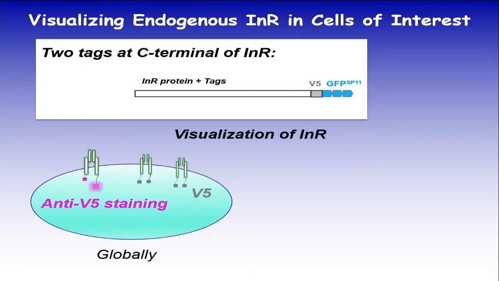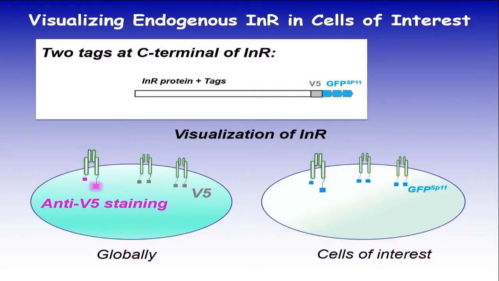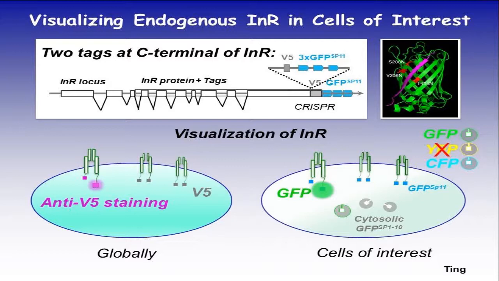Then we can use anti-V5 to look at the global pattern of the insulin receptor, as well as, in a cell of interest, in this case the Dm8 neuron, express the other half of the GFP, and then they will reconstitute the GFP fluorescence and tell you where the protein is located.